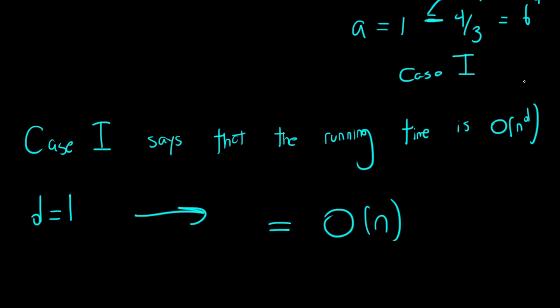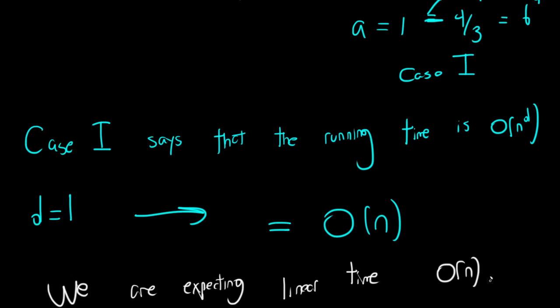But remember what we're saying, we're still in expectation time, so we have to make sure we write this properly. We are expecting linear time, which is big O of n. So picking at random makes this a lot quicker, like a lot quicker, right? We went from polynomial time to linear time just by doing that.